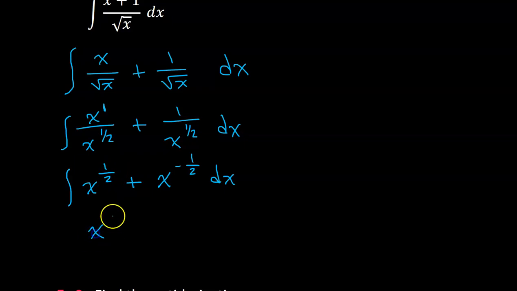So we're going to have x to the 3 over 2 power. And again, that's because 1/2 plus 1 is the same thing as 1/2 plus 2 over 2, which is 3 over 2. Then you divide by that new exponent that you just found. So I will have 3 over 2 in the denominator as well.